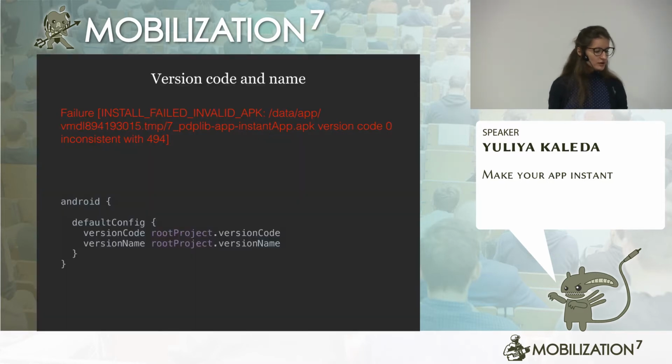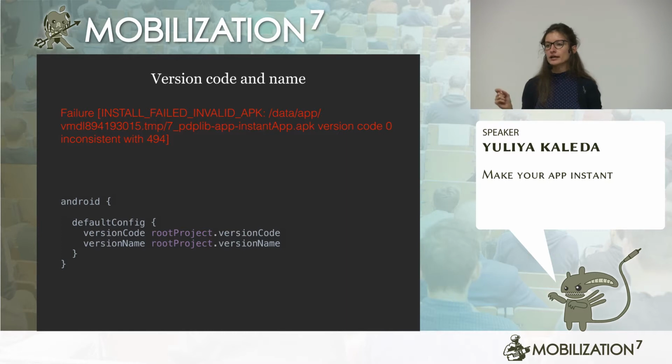One of the errors that we ran into when building Instant App is: version code 0 is inconsistent with version code 494. My first intuitive thought was, where does this 0 come from? So I opened the build.gradle file of the base module to verify whether my version code is 0 or 494. And as you can probably guess, it wasn't that simple.